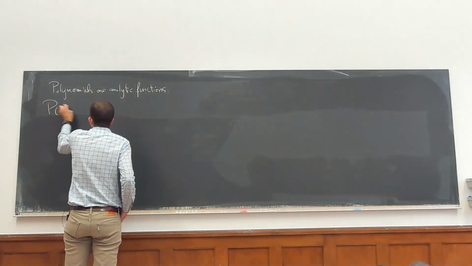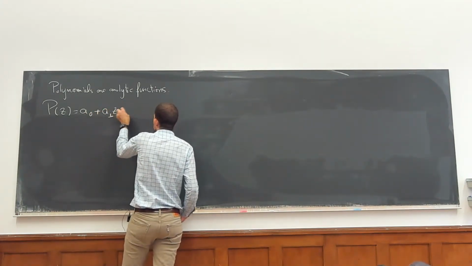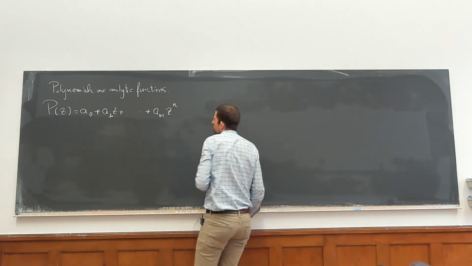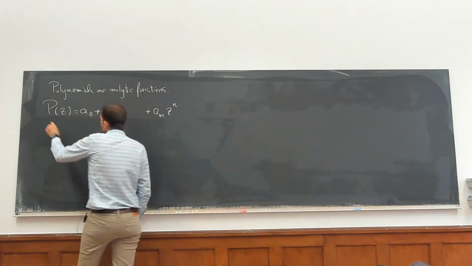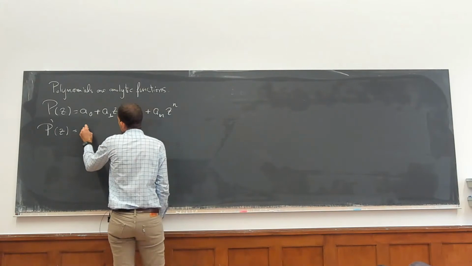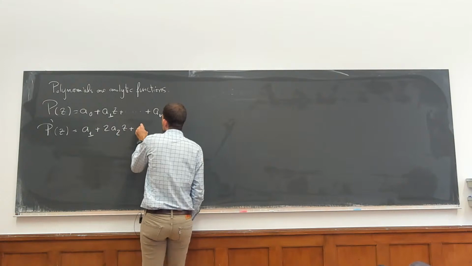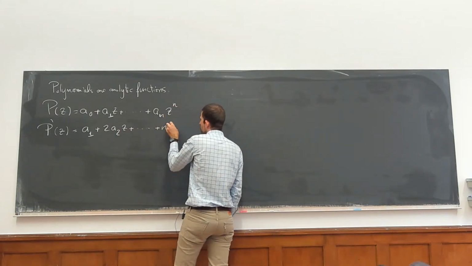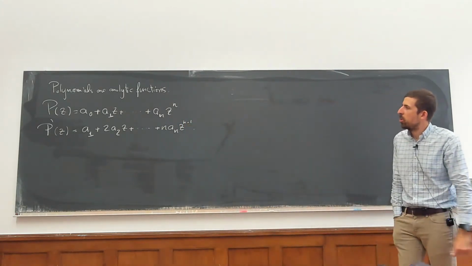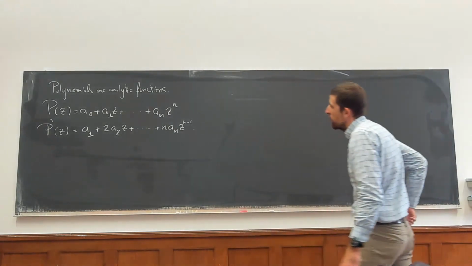Let me write again. Its derivative is given by just how we normally differentiate. If a polynomial has degree n, then its derivative will be a polynomial of degree n minus 1.